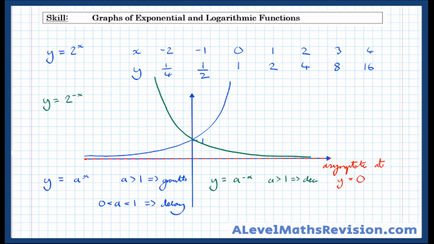So that would be decay. And a being between 0 and 1, in this case, would be growth. So that's just a couple of facts to remember. So let's move on now.